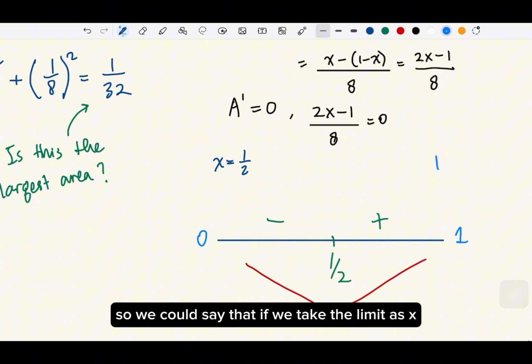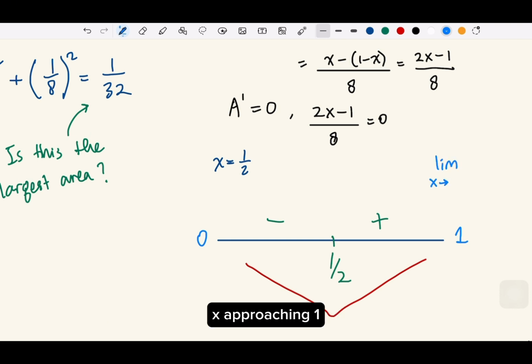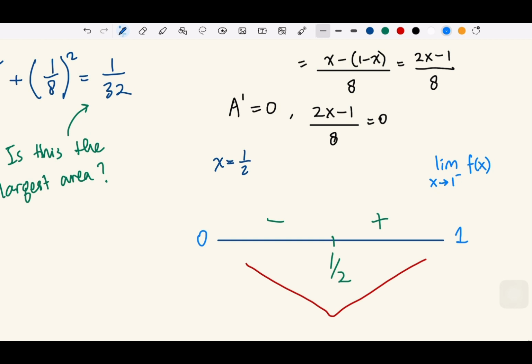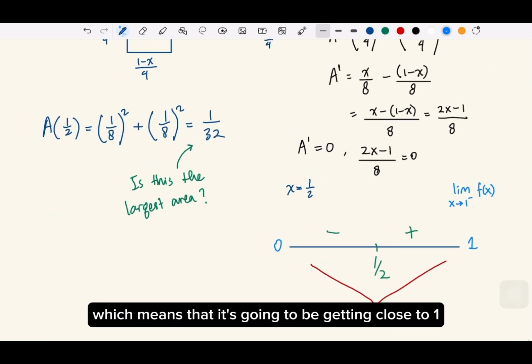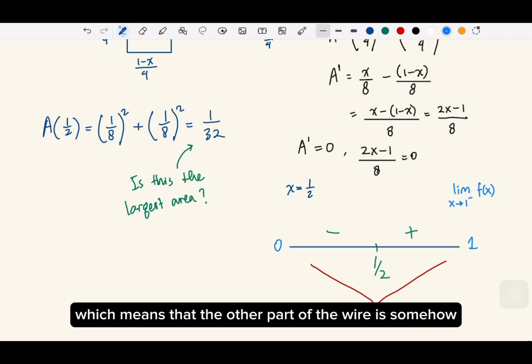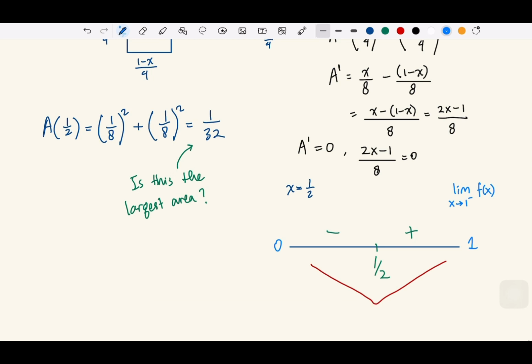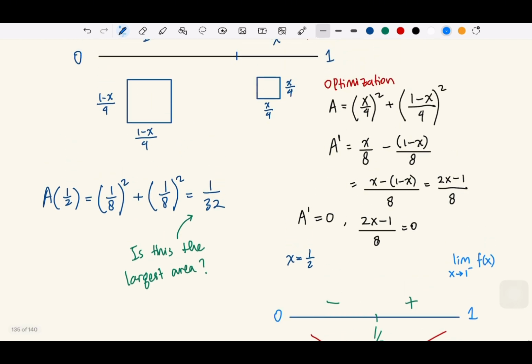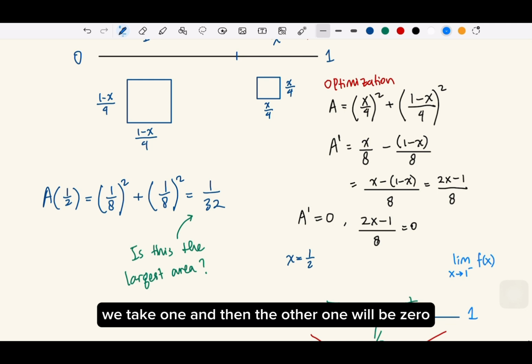So we could say that if we take the limit as x approaching 1 from the left of the function, it's going to be getting close to 1, which means that the other part of the wire is somehow, actually we remove that. So we take 1 and then the other one will be 0.